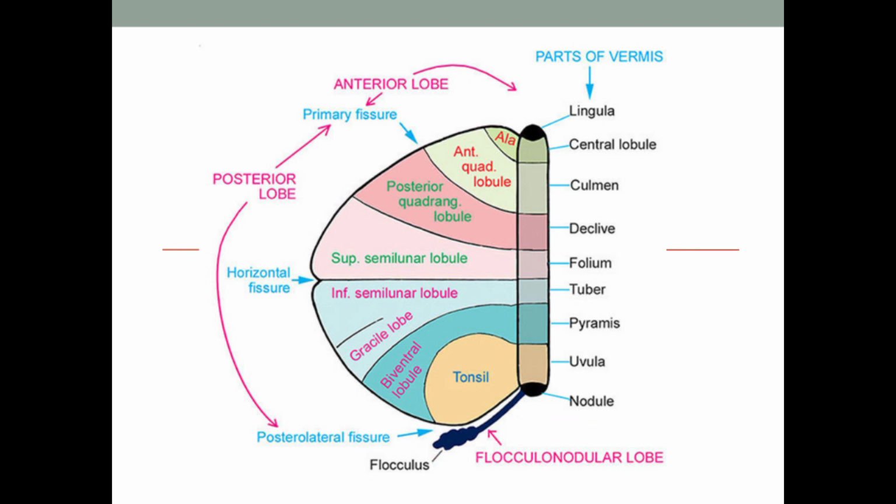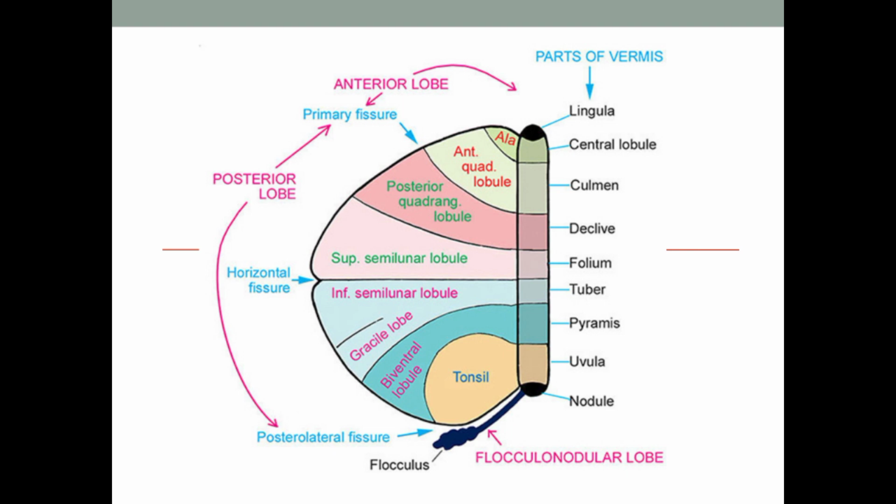So again I'll brief on it. Vermis parts: lingula, central lobule, culmen, declive, folium, tuber, pyramid, uvula and nodule. The first three belong to the anterior lobe. The remaining, up till uvula, belong to the posterior lobe, and the last, nodule, belongs to the flocculonodular lobe.